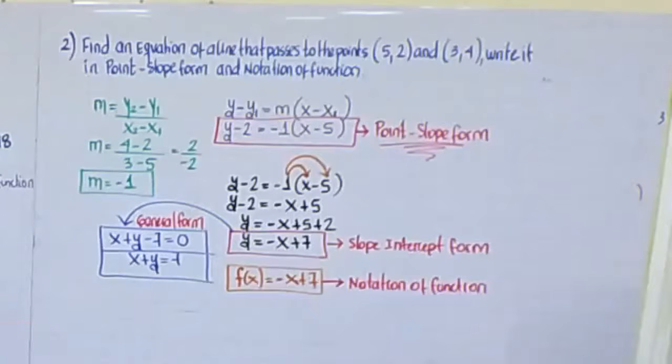In the example, they're only asking for point slope form and notation of function, but we have a great opportunity to show you how we can proceed to write linear equations. And if you want to graph, make sure the equation is written in slope intercept form or notation of function.